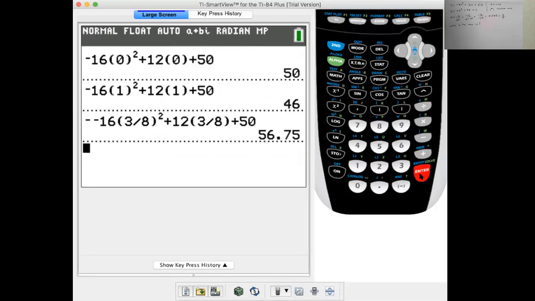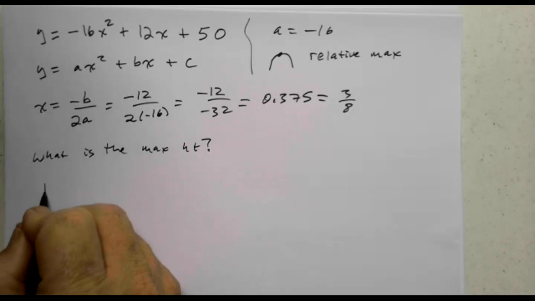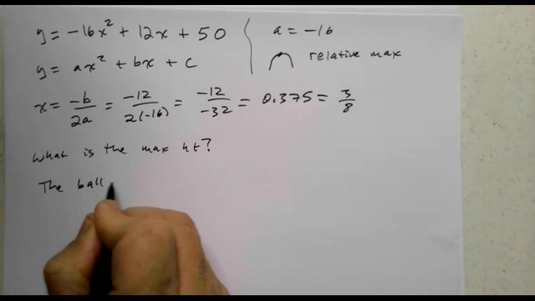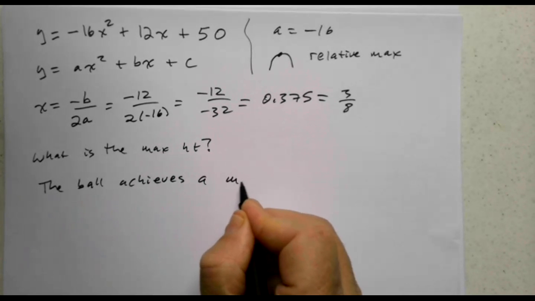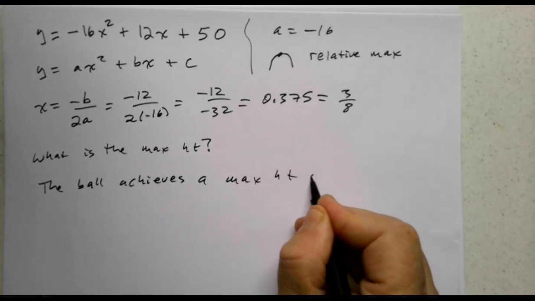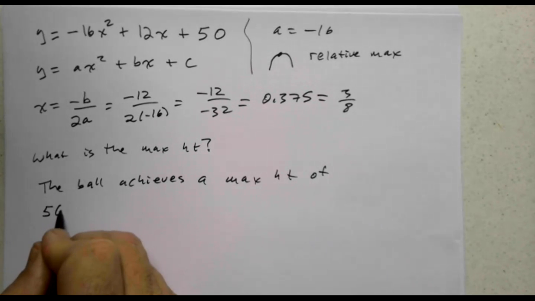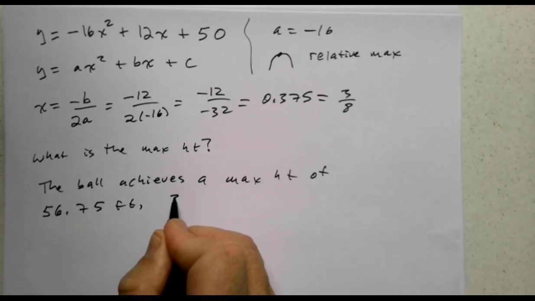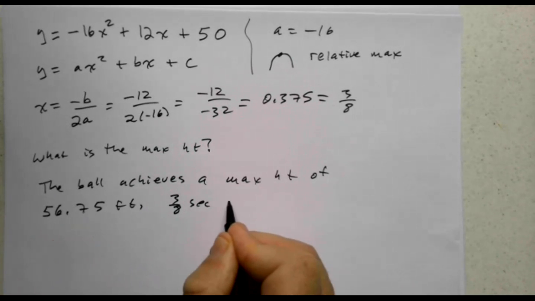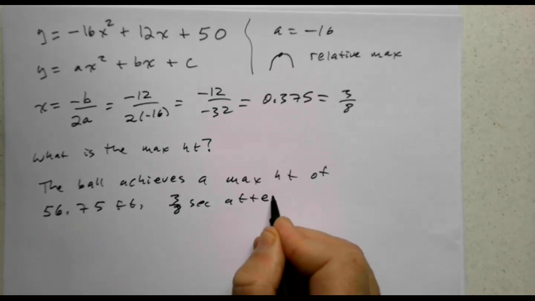And we get 56.75. So the ball achieves a max height of 56.75 feet, 3/8 of a second after it is tossed.